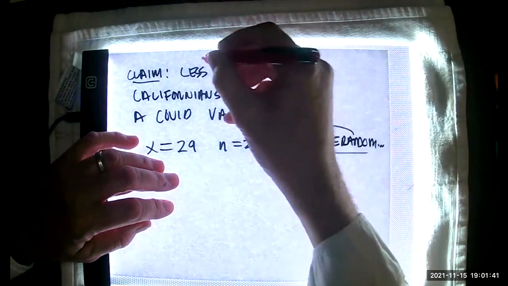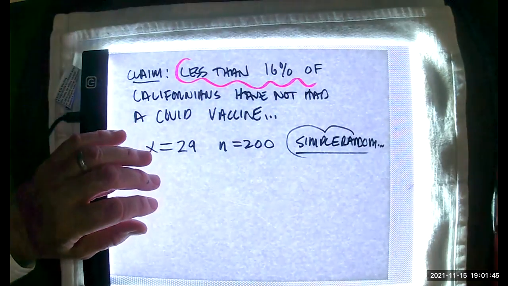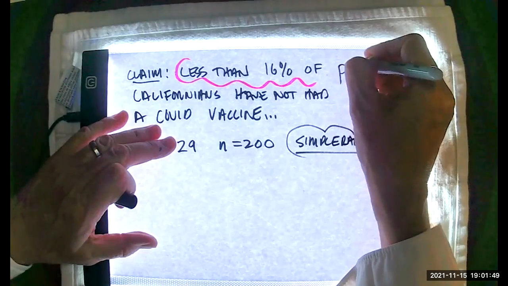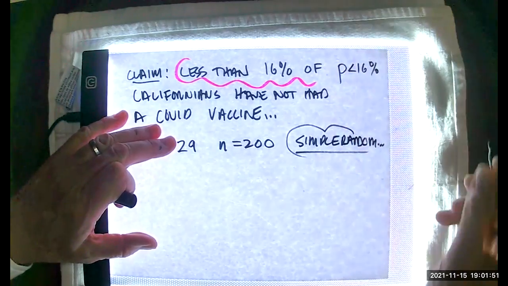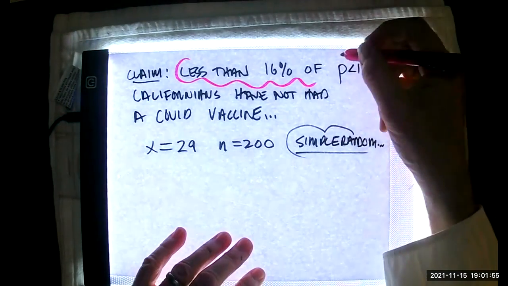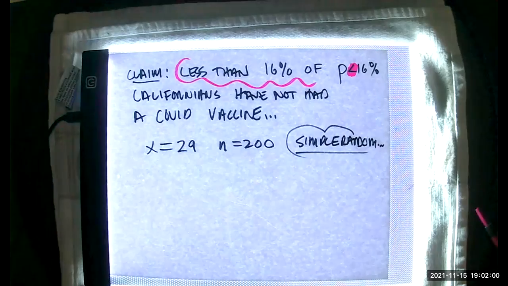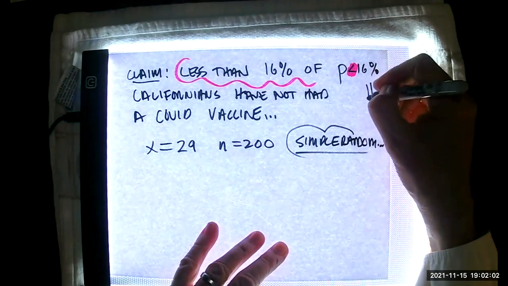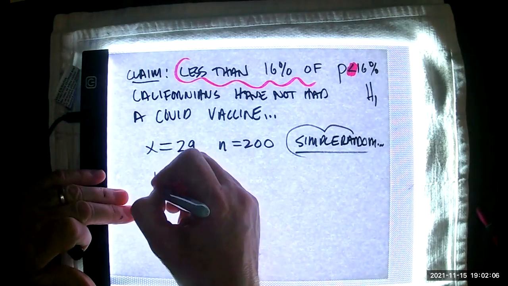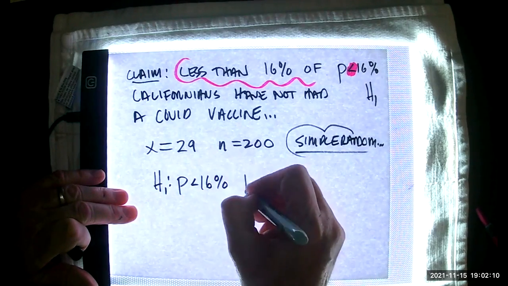So let me go ahead and deduce the claim and the initial claim. P is less than 16%. I see that right there. That tells me I have on my hands the alternative hypothesis. So H1, P is less than 16%.